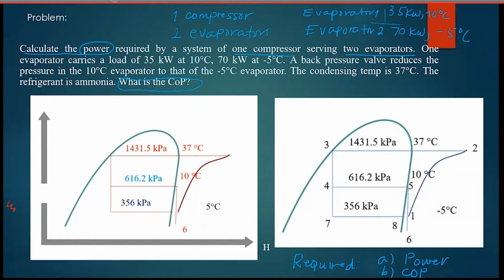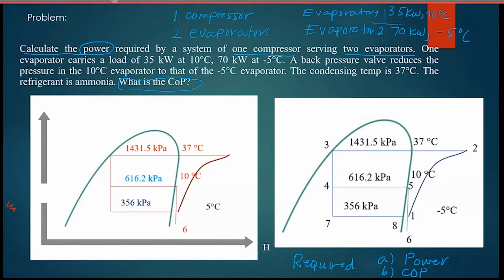What else? It says that a back pressure valve reduces the pressure in the 10 degrees centigrade evaporator to that of the -5 evaporator. It only says that the second evaporator was reduced in pressure because of the back pressure valve.